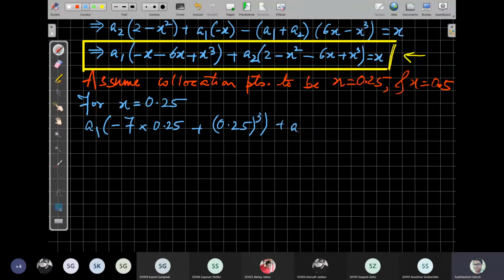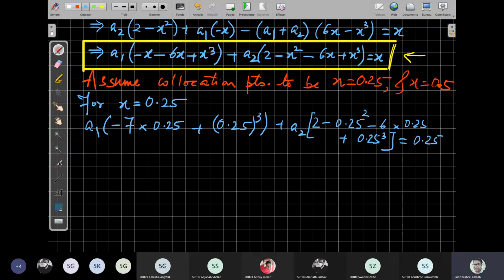Plus A2 into 2 minus 0.25 square minus 6 into 0.25 plus 0.25 cube, and that is equal to, on the right hand side, 0.25.